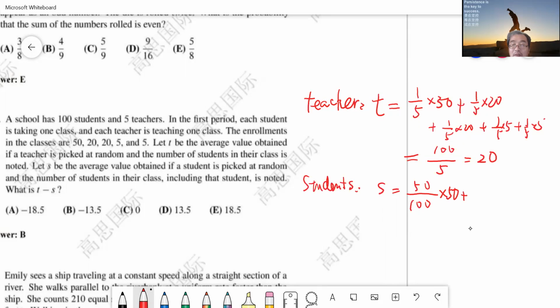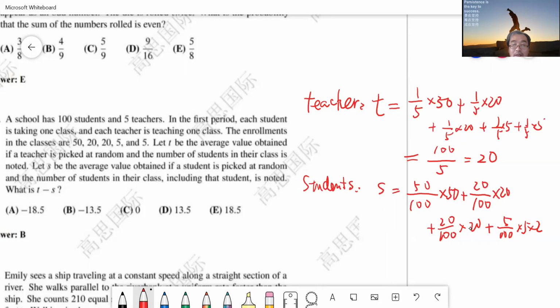Similarly, the next one is 20 over 100 probability in the second class, and the number of students is 20. We continue: 20 over 100 times 20, plus 5 over 100 times 5, and another 5 over 100 times 5.